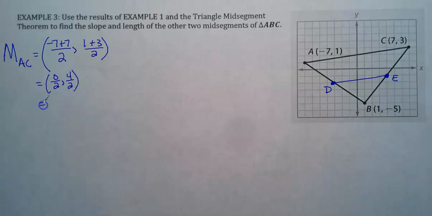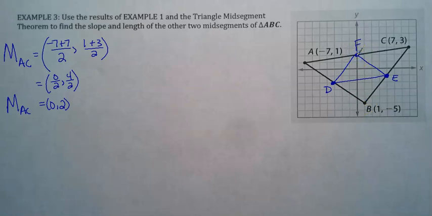So the midpoint of AC is going to equal 0 divided by 2 is 0, 4 divided by 2 is 2. So 0, 2. I'm not going left or right, 0 up to right here. And that's F. So now, if I connect those, I have an inverted triangle. It's inverted from this one.